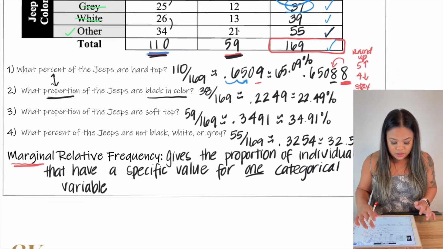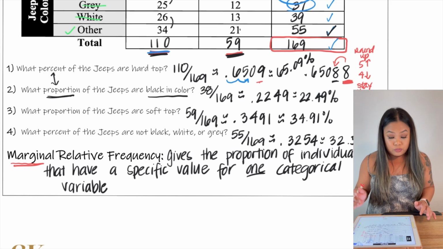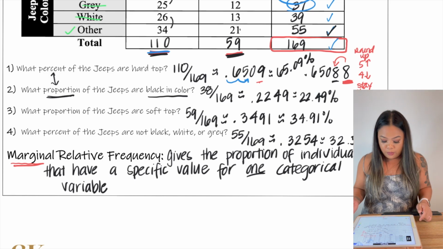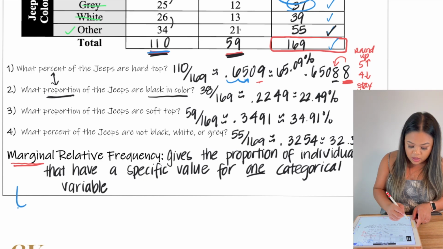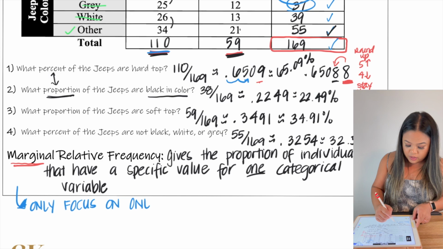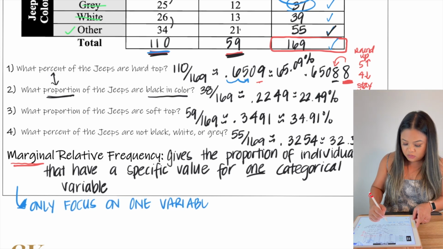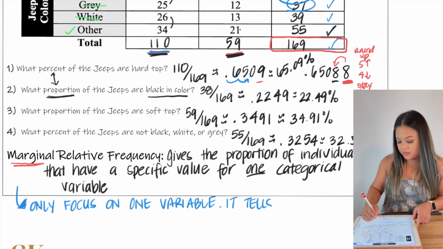And then also, I want to add a little note, which we just already talked about. I want to add a note for what marginal distributions actually give you. We're just gonna put, they only focus on one variable.